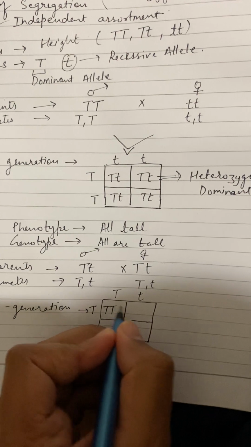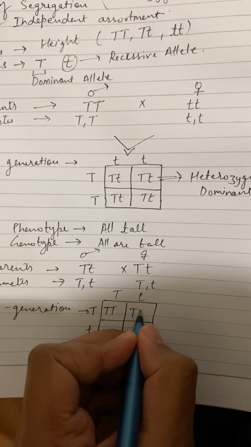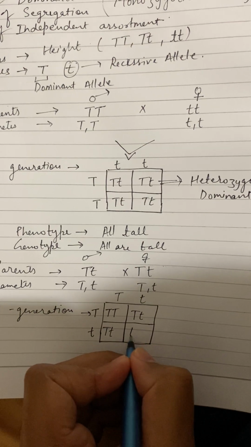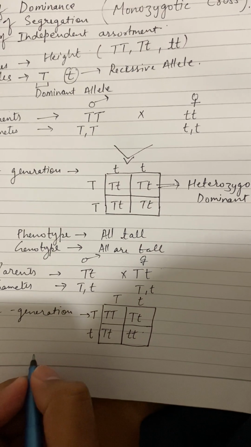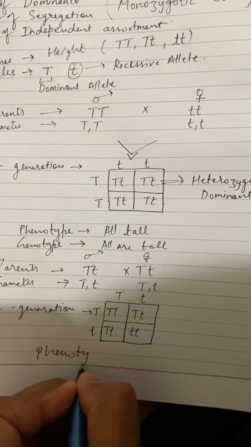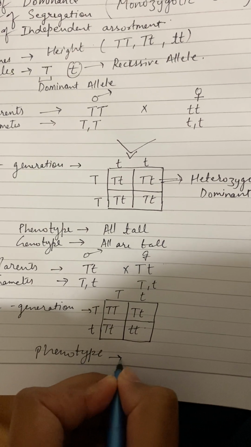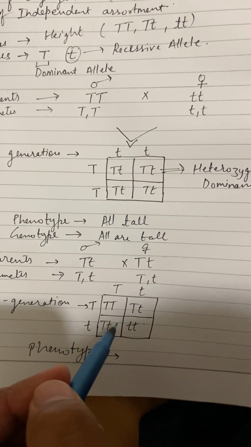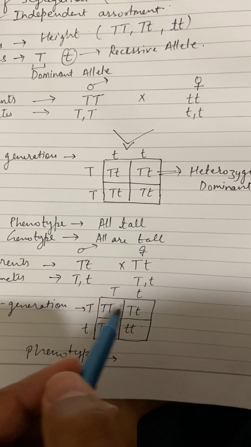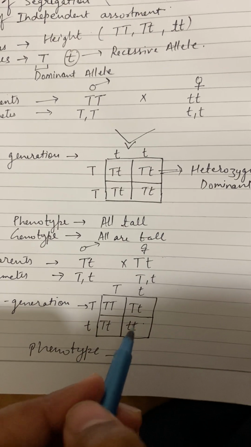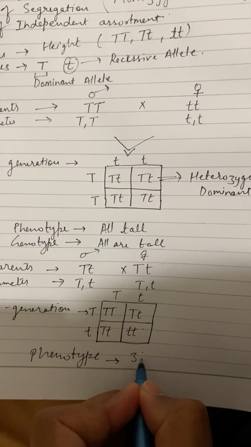The offspring will be capital T capital T, capital T small t, capital T small t, and small t small t. And the phenotype: from the exterior characteristics, I see that three are tall, whereas one is not. So 3:1.